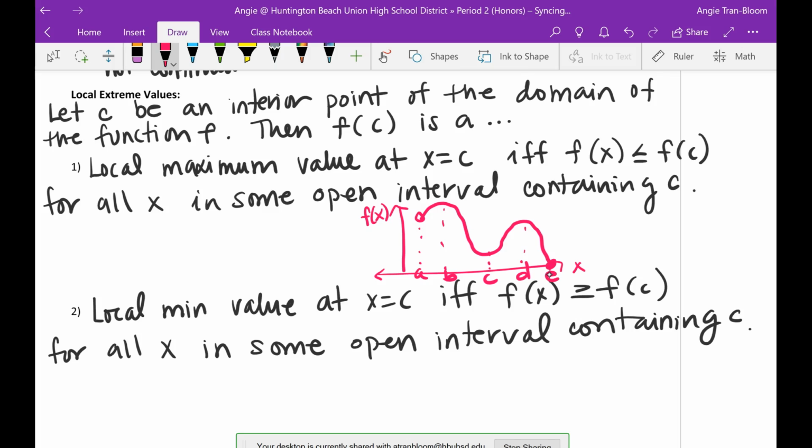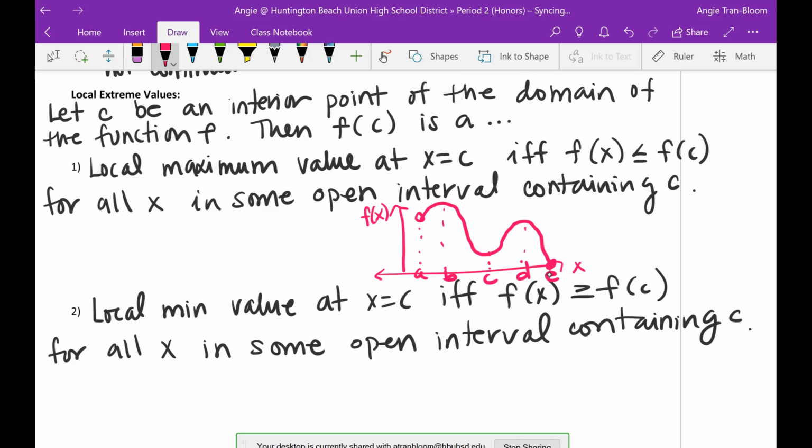We're going to use E; do not think of it as 2.71. E is just a value on the x-axis. So let's look at this one. We're going to connect both absolute and local together.